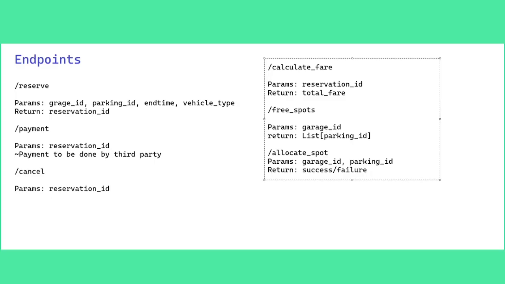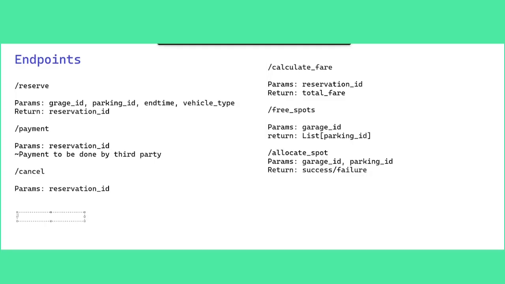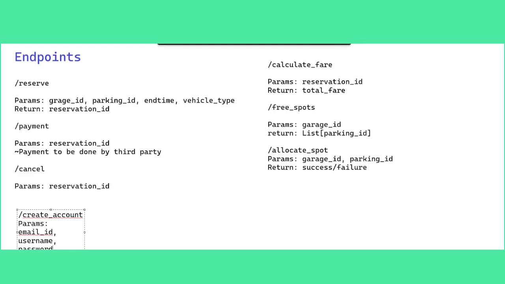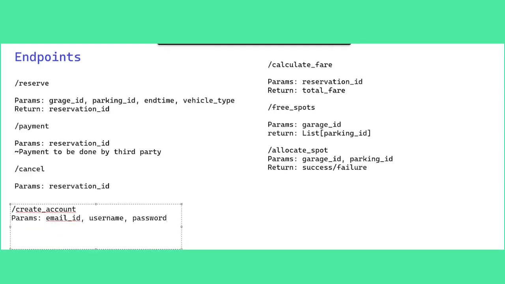And a few more things would be create account, if anyone wants to store their vehicle type, because they are reserving parking space all the time, then they can create their own account. Params would be email ID, username, password. I'm not asking for the first and last name. This is just a simple one.